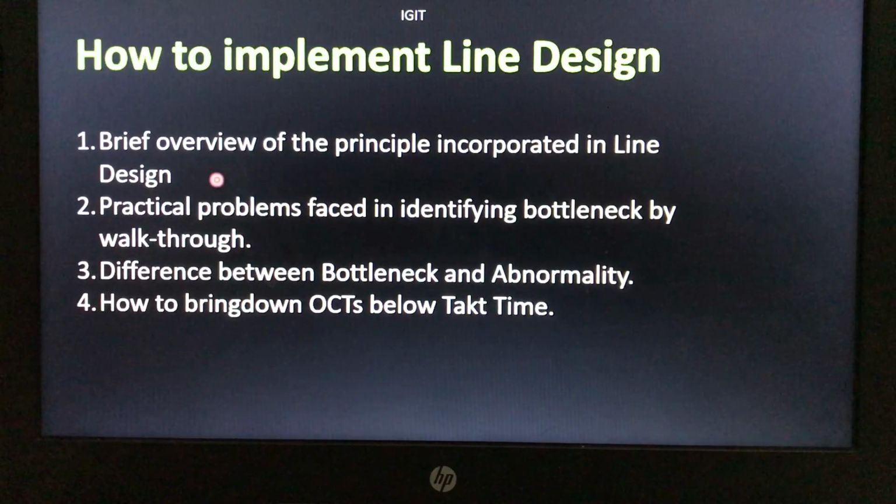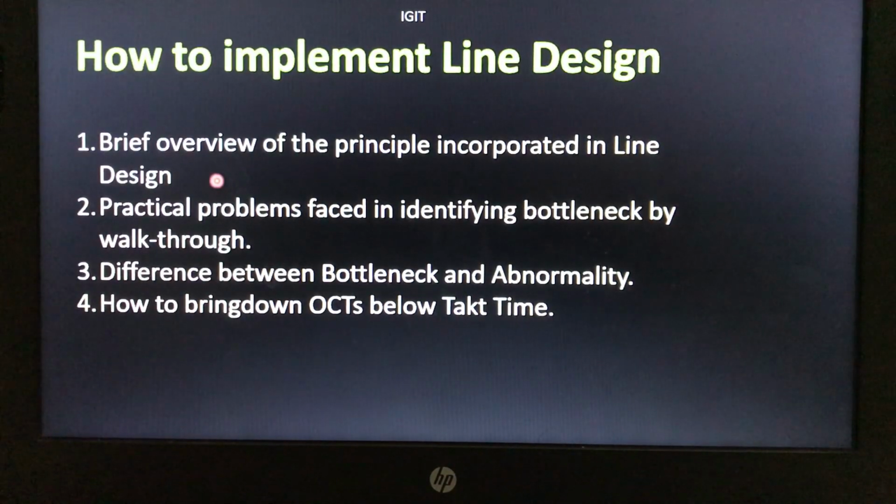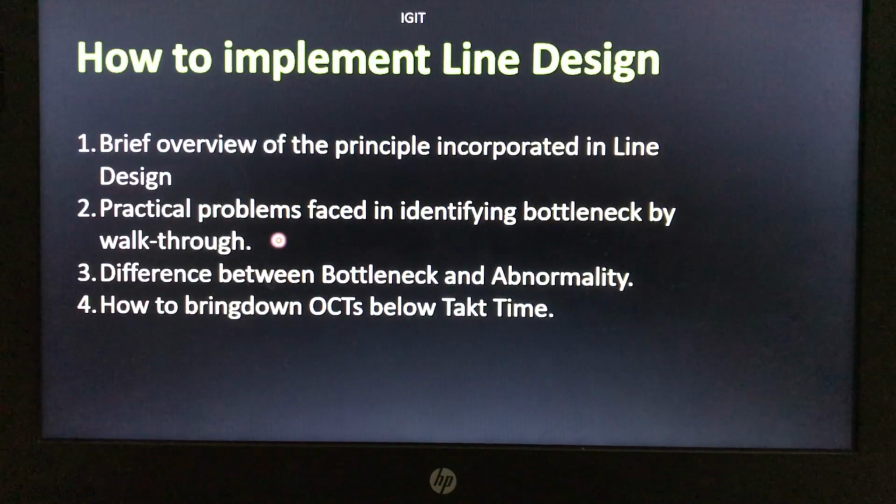I'll be covering a line design and the principle incorporated in it. Then we'll discuss about the practical problems one would face in shop floor while implementing line design.